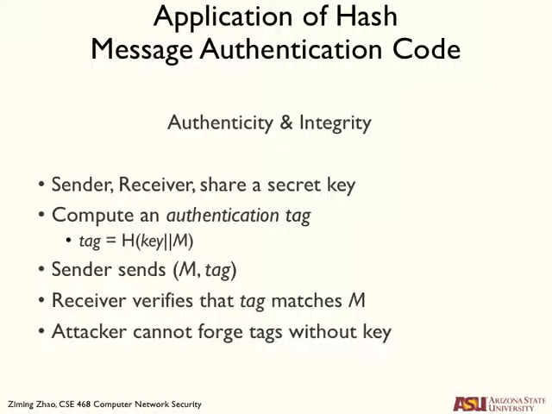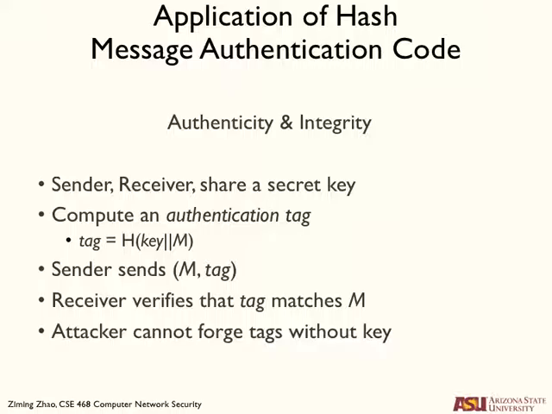So the third application of hash function is something called message authentication code. It's kind of like a digital signature. It provides authenticity and integrity at the same time. The scenario to use this is when there is no public key infrastructure. So the sender and the receiver do not have public key or private key.